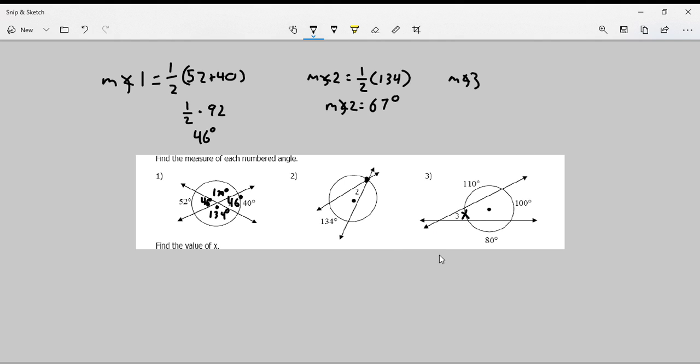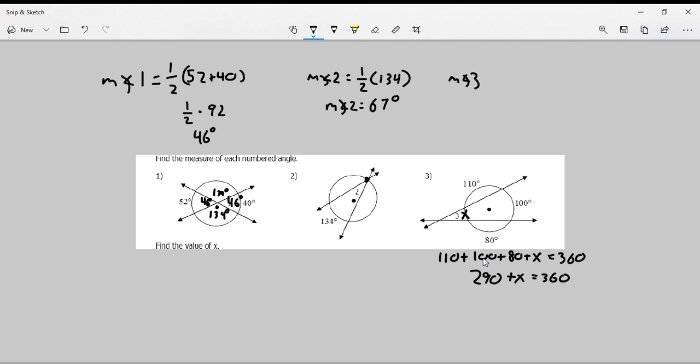We do know that 110 plus 100 plus 80 plus x equals 360. So we can figure x out. We only have one variable. So that's 290 plus x equals 360, right?